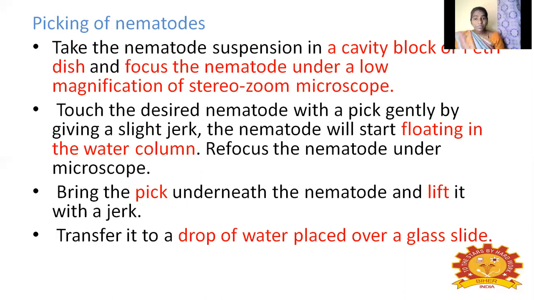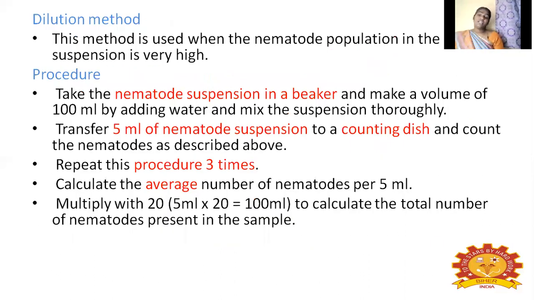In the counting method, in the dilution method, we transfer 5 ml of nematode suspension to a counting dish. At the time of counting, all the nematodes present in that 5 ml will not be the same. Sometimes the nematode count will be seen, but the type of nematode will be different, that means the species will be different.